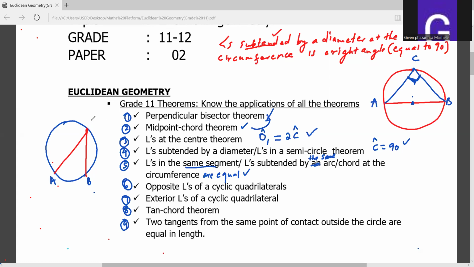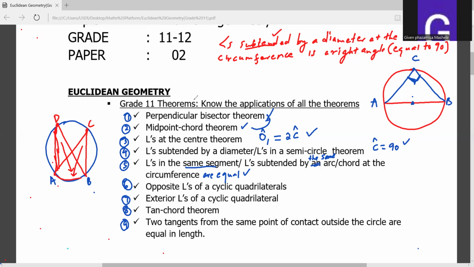Let's call this C. And we also form another angle from the same arc, also at the circumference. Let's call it D. At the circumference means it must touch. So you see that we have two angles here that are coming from this arc, angle C and angle D. They're all subtended from the same arc.